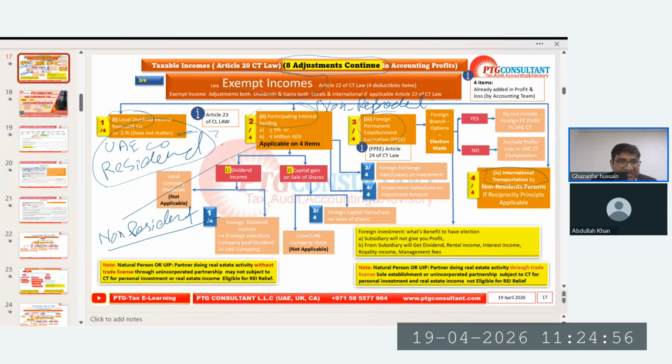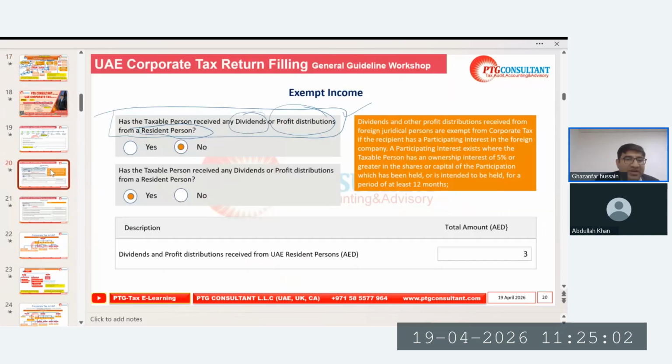Are you familiar with the resident concept and the non-resident concept? Because this is very important when we are learning here. So in the first part, what we learned in the tax return, taxable income: the first dimension is the taxable person that we learned in the first session.